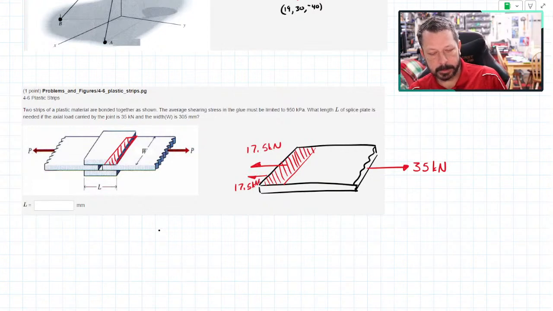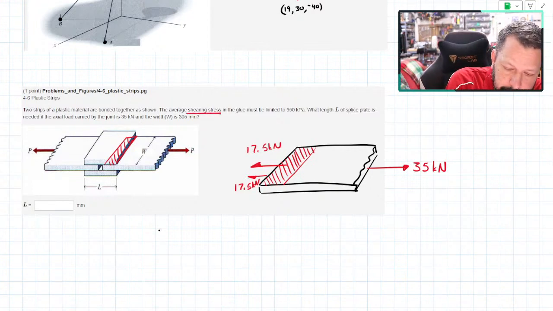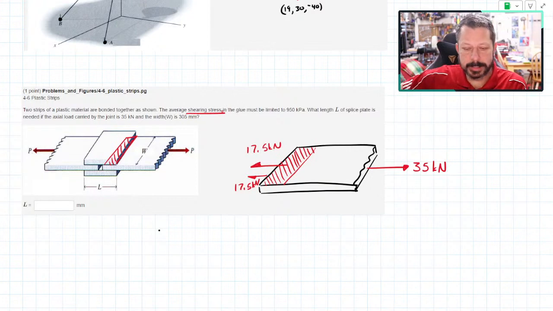So the thing you notice is that the force that would be there is parallel to that glue surface, and whenever that's true, you have a shear stress. It does say average shear stress in the glue must be limited to 950 kilopascals. So it's giving you these hints that you're trying to do a shear problem.